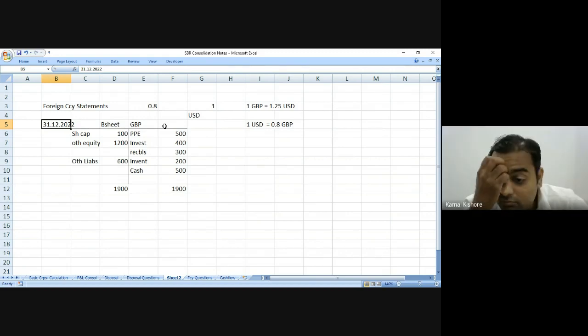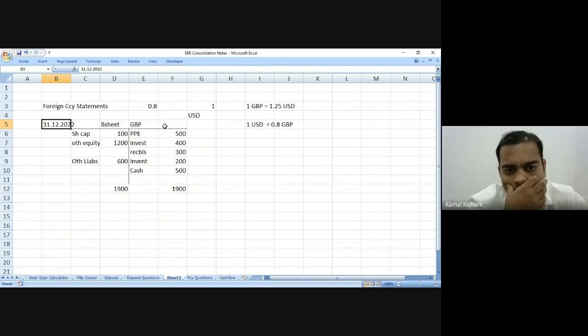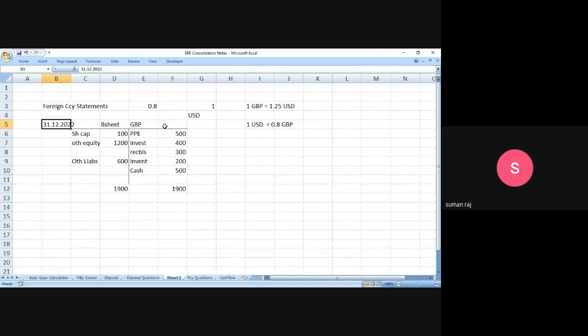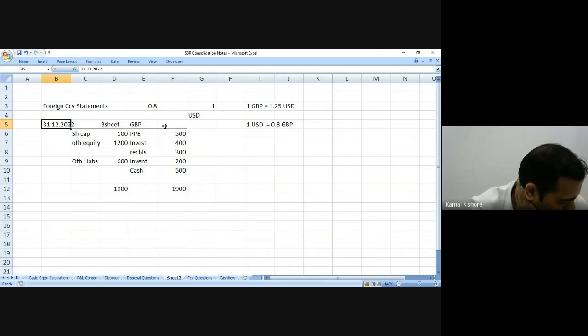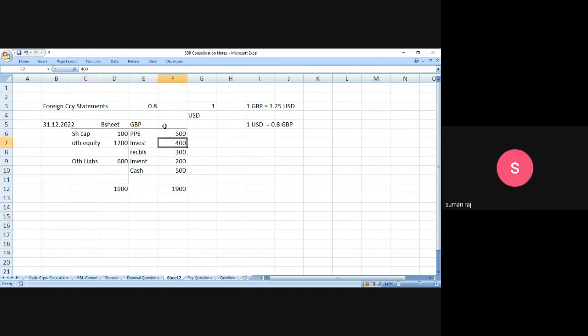Closing rate will be considered for conversion, sir. At the end of 31st December 2022, what was the exchange rate? That is what is used for this conversion. So you will use this 0.8 GBP to convert. Right? Okay.